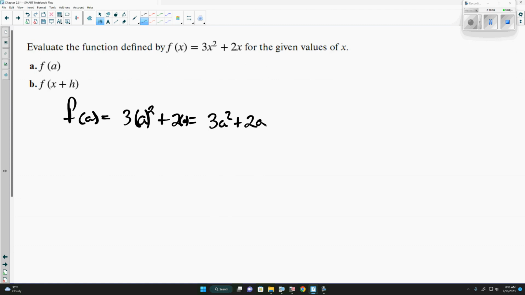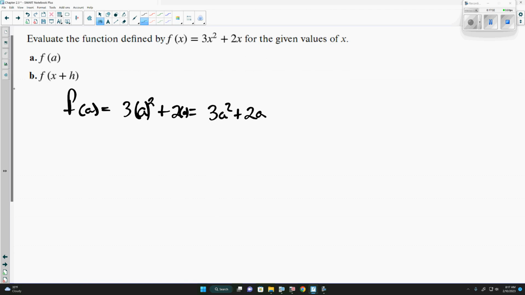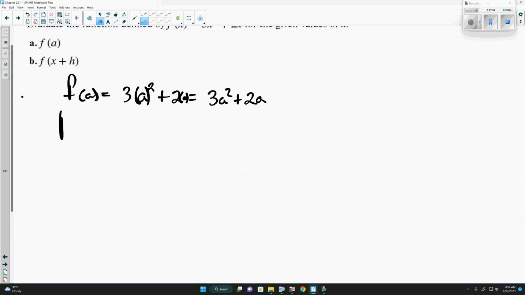We just replace both x's with a, and it's always a good idea to put them in parentheses, especially with squares, because if we put a negative a inside the parentheses, negative a squared is positive a squared. Especially when plugging into a calculator, it's always good to put parentheses around it, because squaring a negative number is a very easy mistake. If you don't put them, it'll give you the wrong answer. And that one's not bad. That one's actually quite easy.